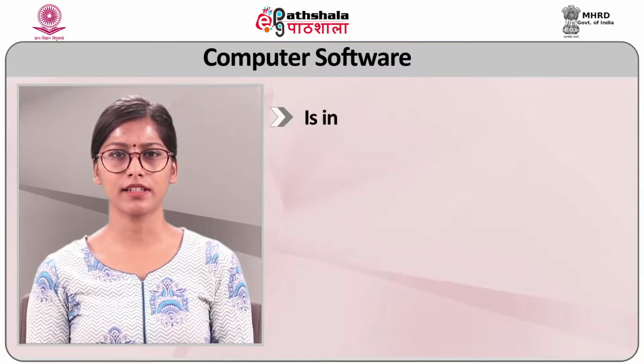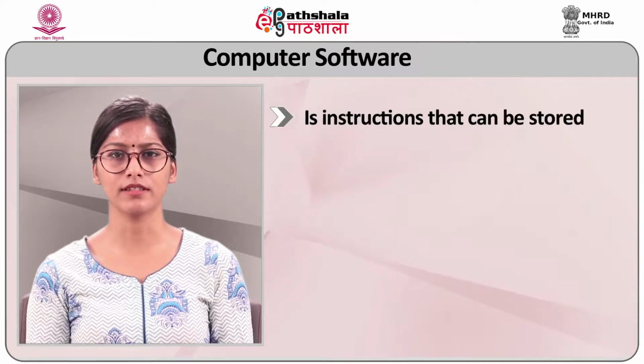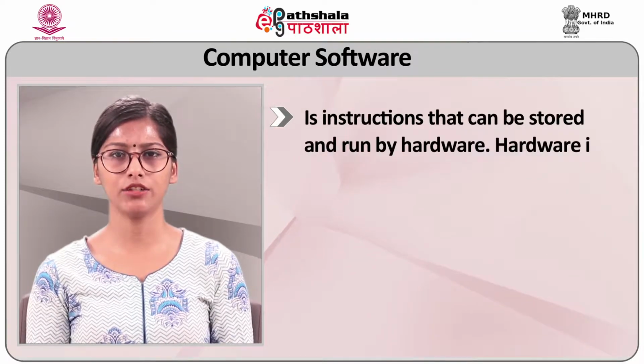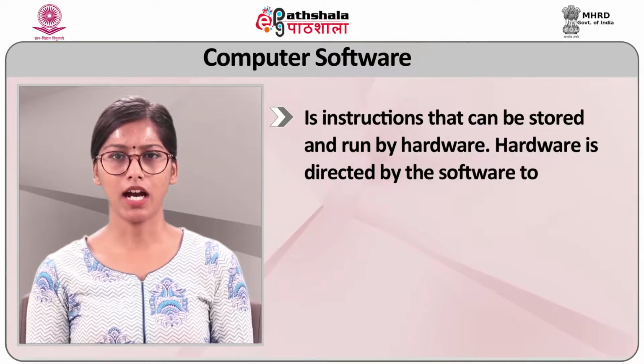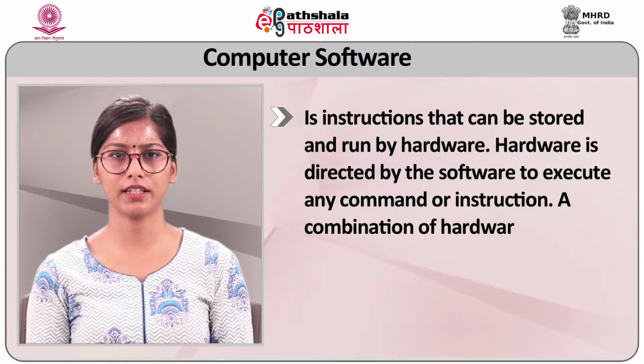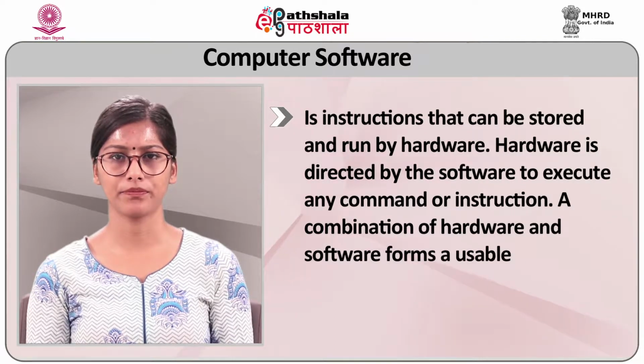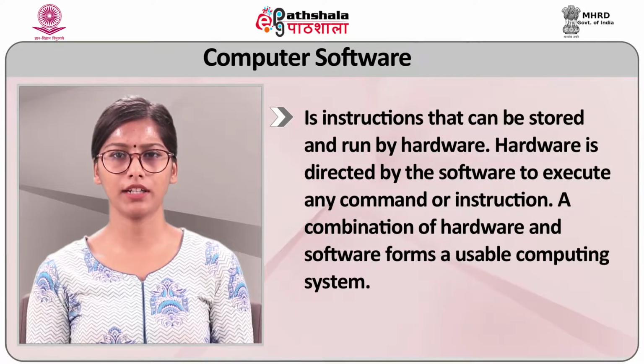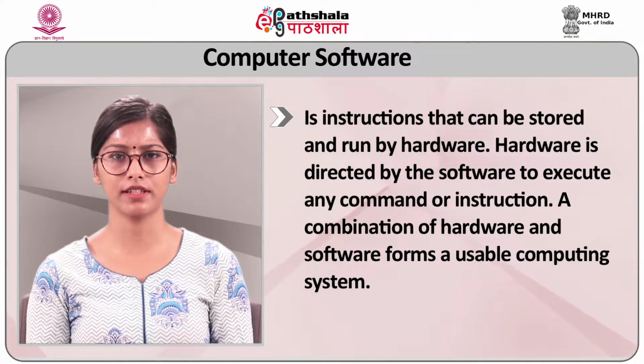By contrast, software is instructions that can be stored and run by hardware. Hardware is directed by the software to execute any command or instruction. A combination of hardware and software forms a usable computing system.